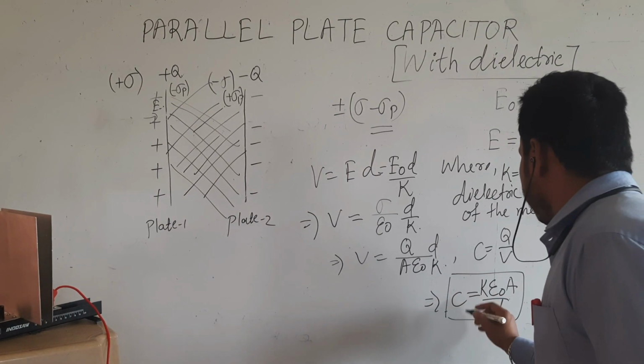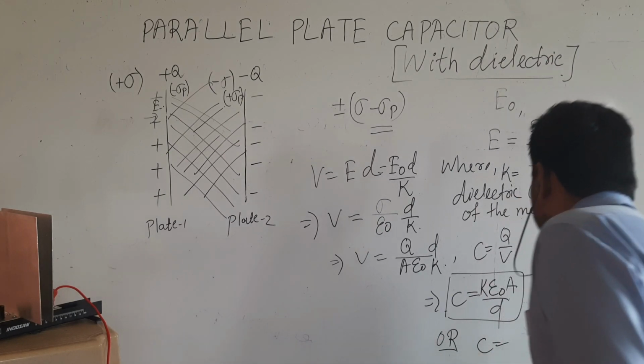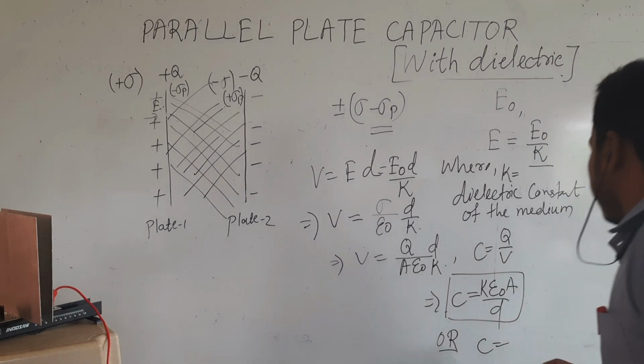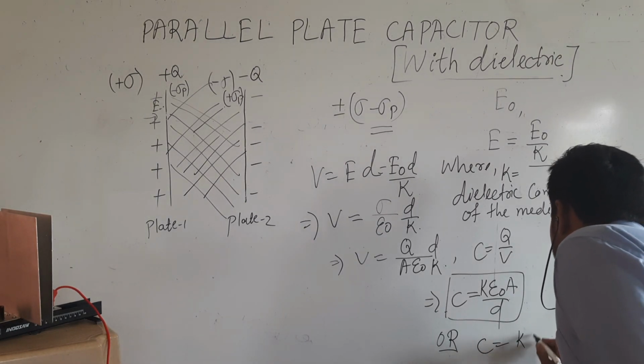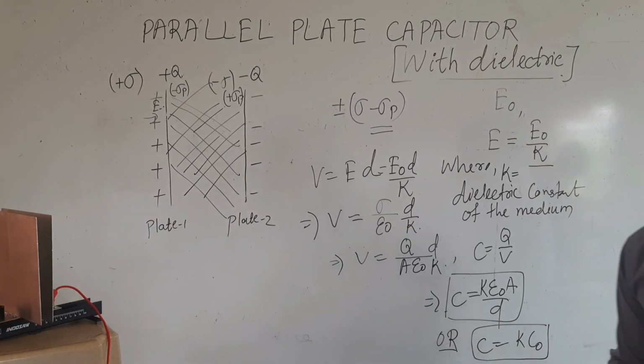Epsilon naught A by D is the capacitance when there is no dielectric, so we can write C equal to K times C naught, where C naught is the capacitance without dielectric.